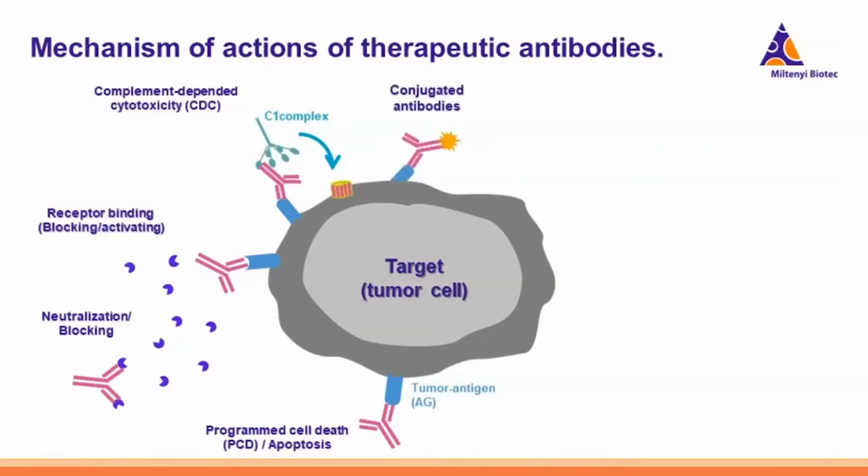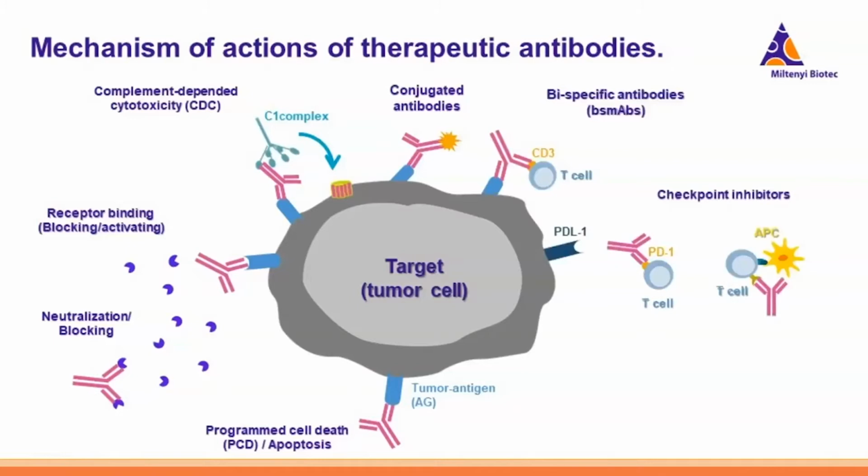Then we also have engineered antibodies that are conjugated. It could be radiation or drugs conjugated to these antibodies and directly targeted to the tumor cells. We have bispecific or trispecific antibodies, antibodies with several specificities, bridging effector and tumor cell together.